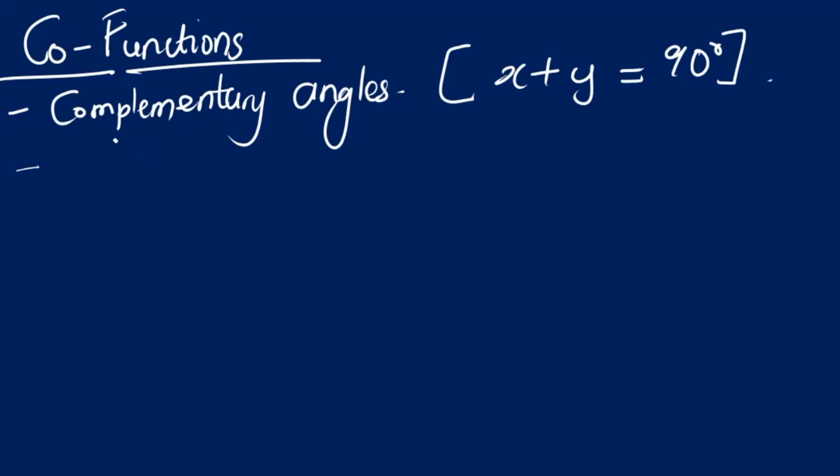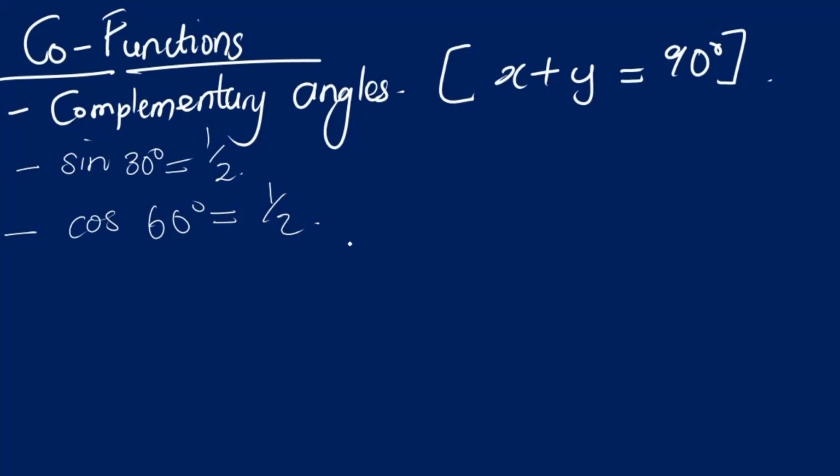Whenever we have the sine of 30 degrees, we said that gives us how much? That gives us half. Whenever we have the cosine of 60 degrees, that gives us how much? Half. Right. So what is happening here?